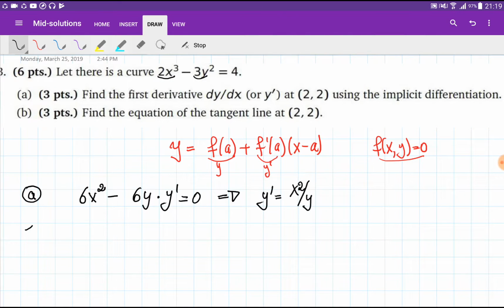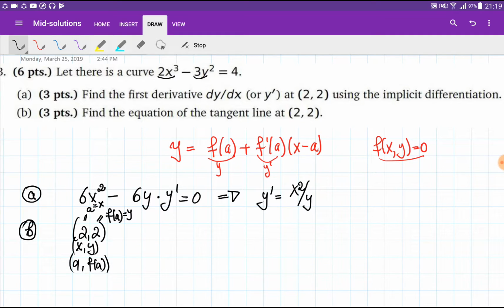On the next part, we're given the point, right? We need to figure out the equation of the tangent line at the point 2 and 2. So this is the a basically, and this is the f of a. So these are the x and y coordinates, or a and f of a coordinates.